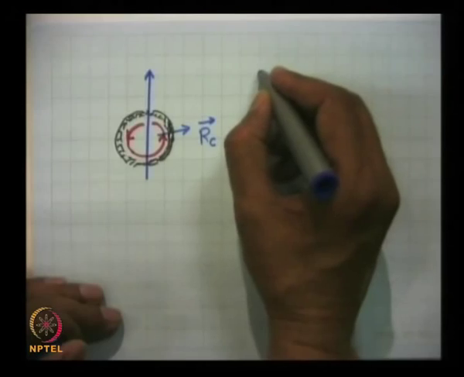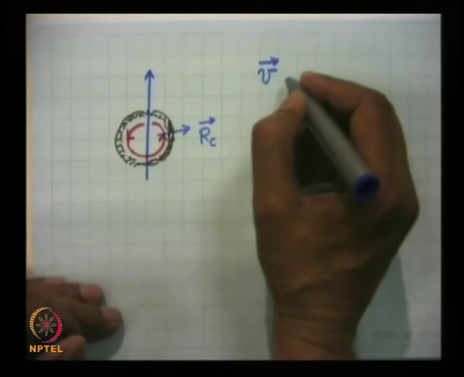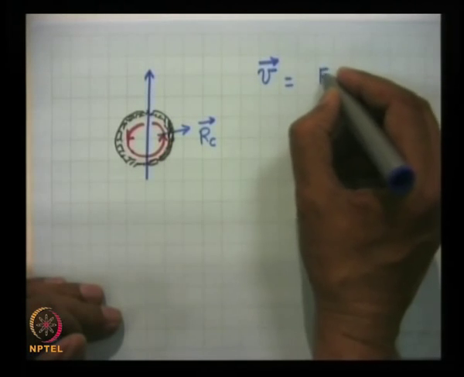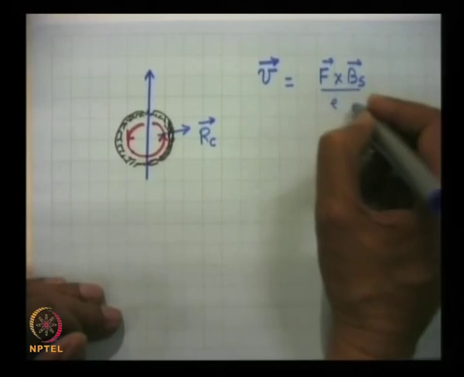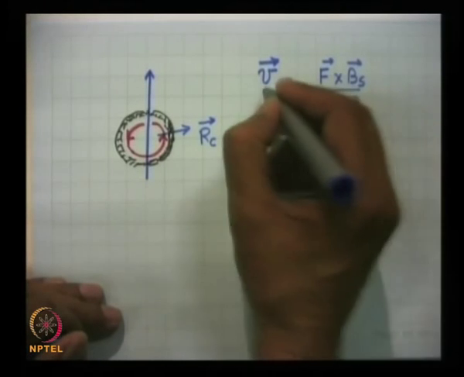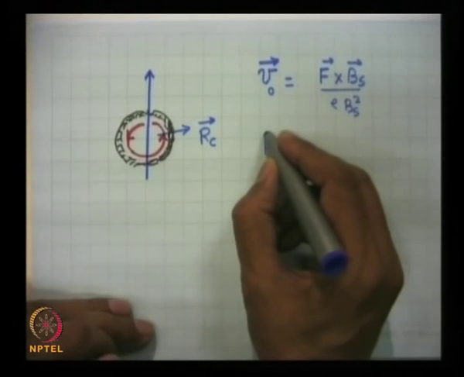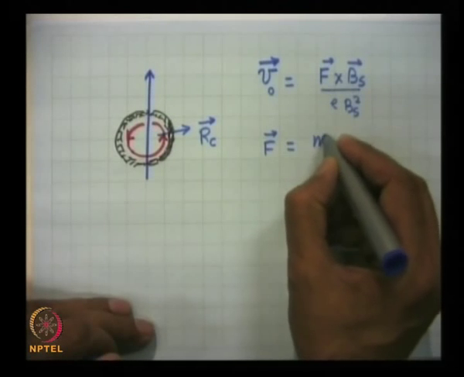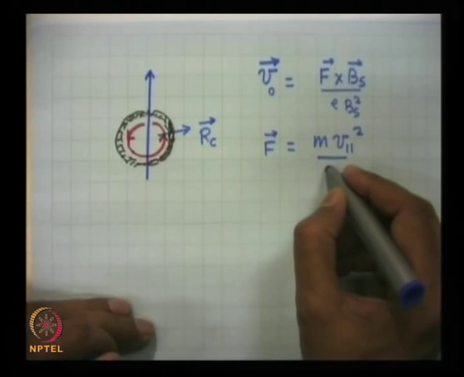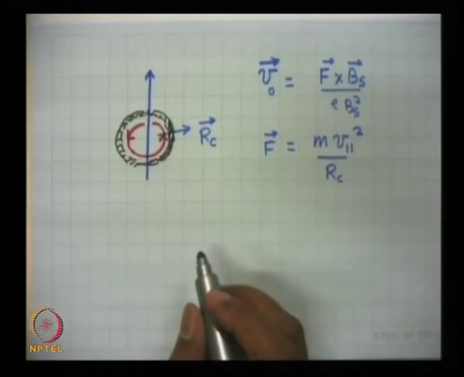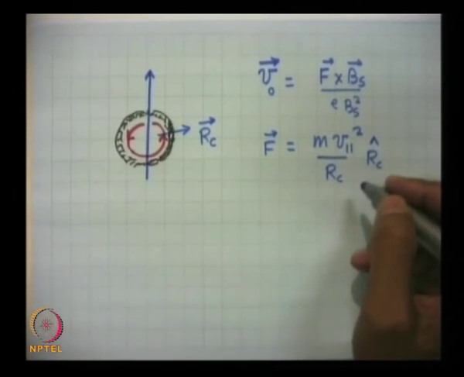So what really happens is that the electrons undergo a force drift, which is given as F cross B upon eB squared, and this drift is zeroth order drift, and this force is primarily the centrifugal force, which is m v parallel squared upon the radius of curvature Rc of the line of force where the particle is located, and that is in the radial direction Rc.